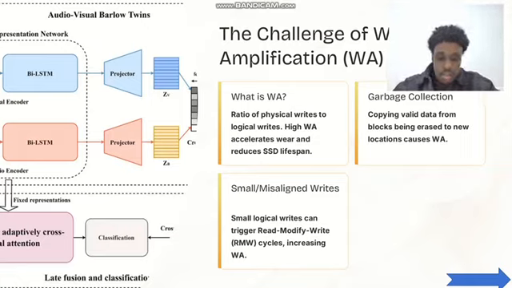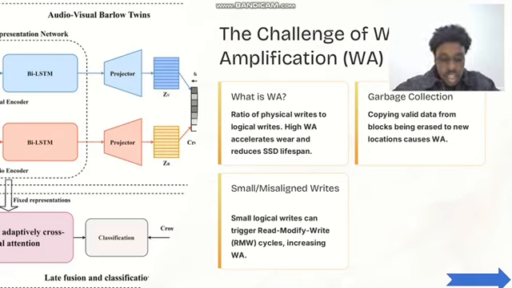The cause of write amplification is primarily driven by two factors. First, garbage collection, as we discussed: when data is updated, the old data is marked invalid. The SSD accumulates many blocks containing a mix of valid and invalid pages.